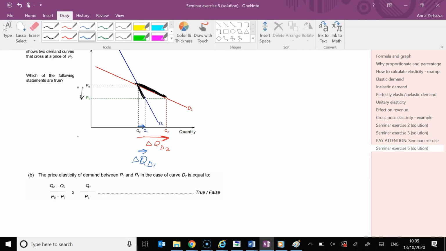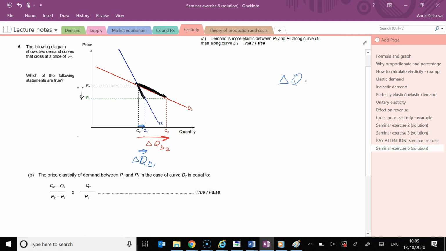In other words, change in quantity demanded 1 is proportionately smaller compared to change in quantity demanded for the red line, for the same price change. Price changes by the same amount, but our numerators will be different. Red numerator will be larger, while blue numerator will be smaller.